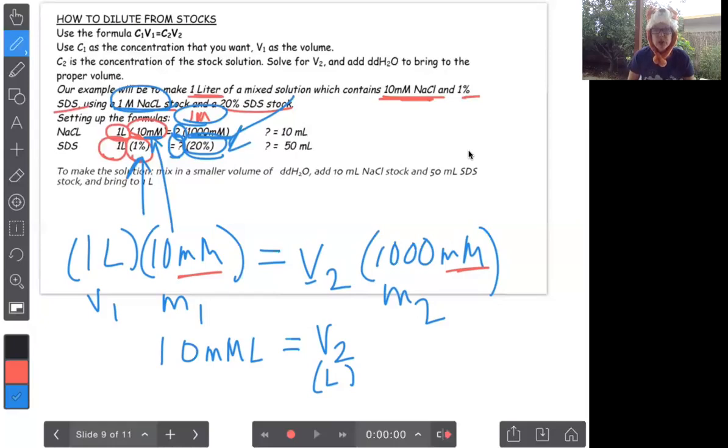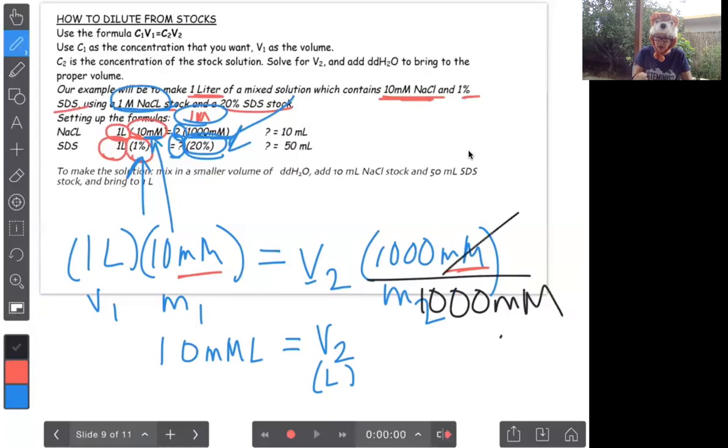How do we get rid of that 1,000 over there? If we want to get rid of that 1,000, we can divide this side by 1,000 millimolars. And guess what? Millimolars cancel. So does the 1,000. 1,000 divided by 1,000 is 1. 1 times V2 is V2.